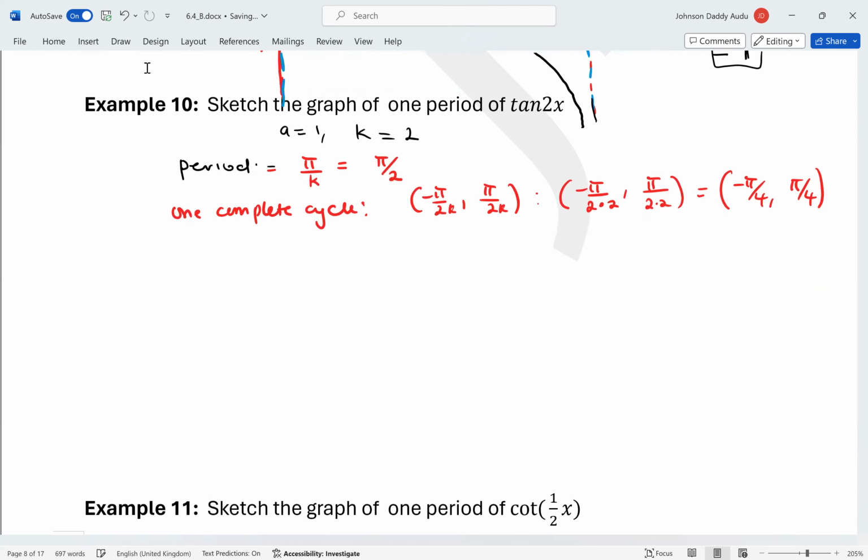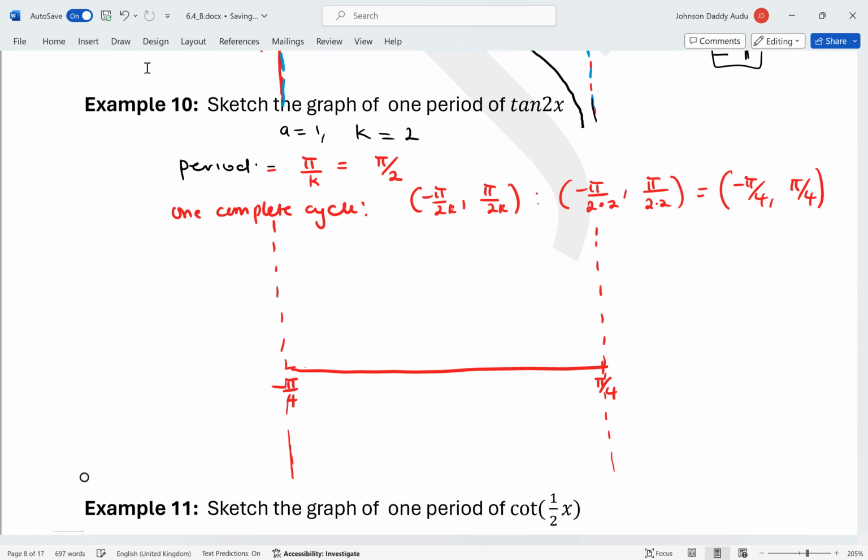So this is what we're going to deal with now. We will deal with the interval minus pi over 4 to pi over 4. Automatically, these will become our vertical asymptotes.